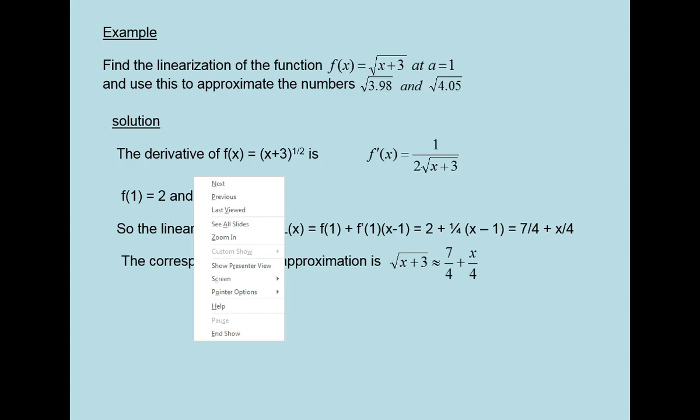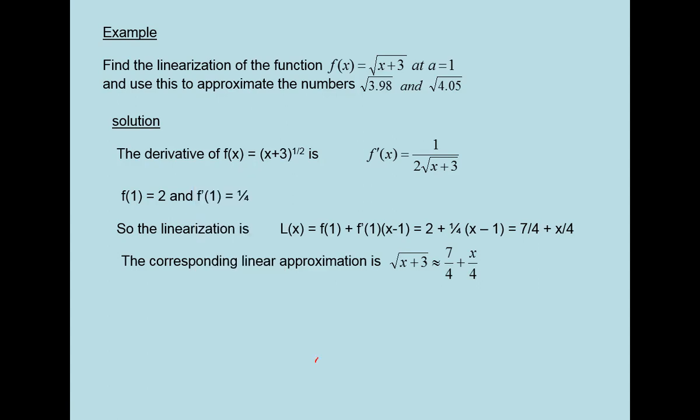So look at your equation here. What would x have to equal in order for this to be 3.98? Well, x would have to equal 0.98, and that's a value very close to 1. So the linearization should work well for estimating this value.